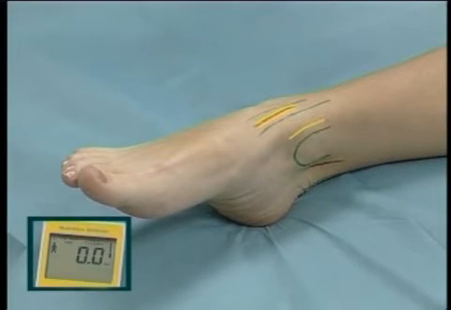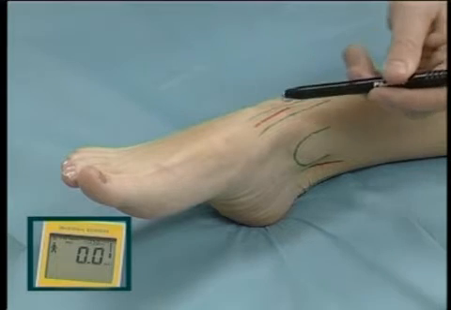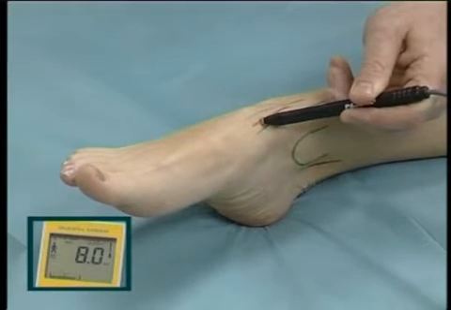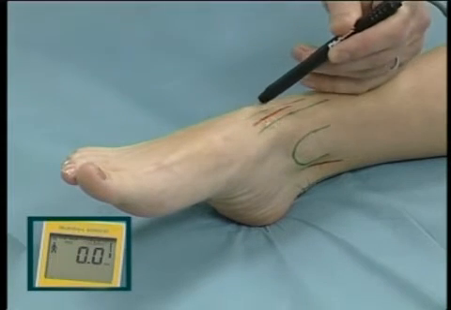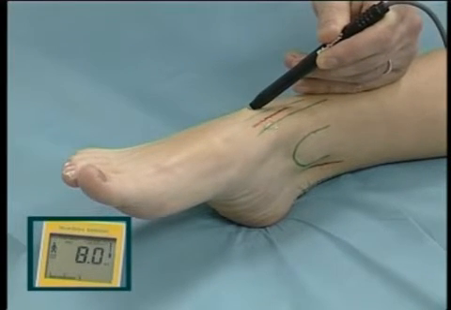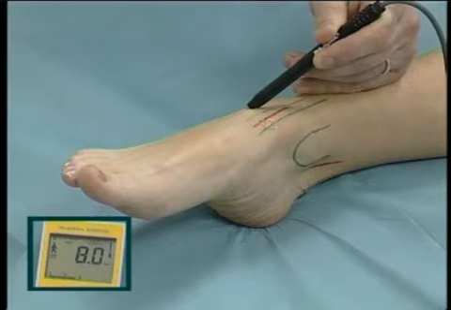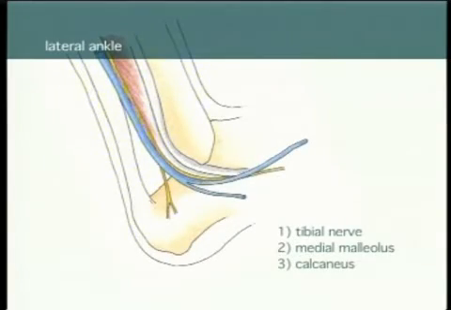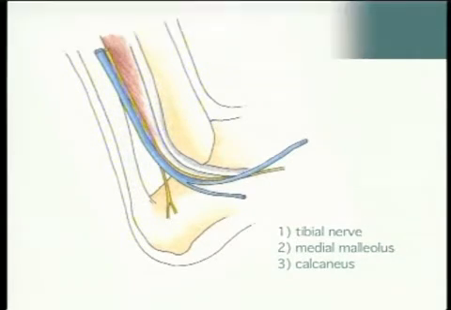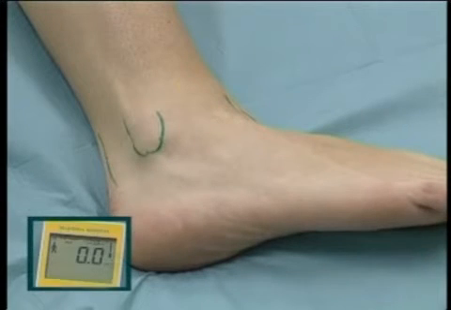Paresthesia is into the toes. Sural nerve. It lies between lateral malleolus and the Achilles tendon. Paresthesia is into lateral border of foot.